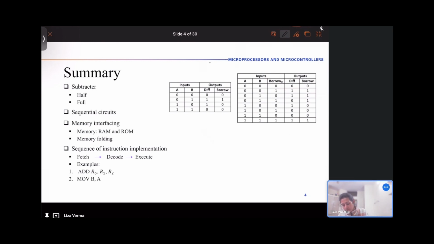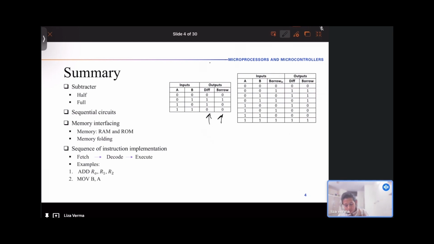Just like the adder, a subtractor can be a half subtractor or a full subtractor. Similar to the adder, we have two outputs, difference and borrow. In the adder we had sum and carry, here we have difference and borrow. And to understand how, let's start with the half subtractor.